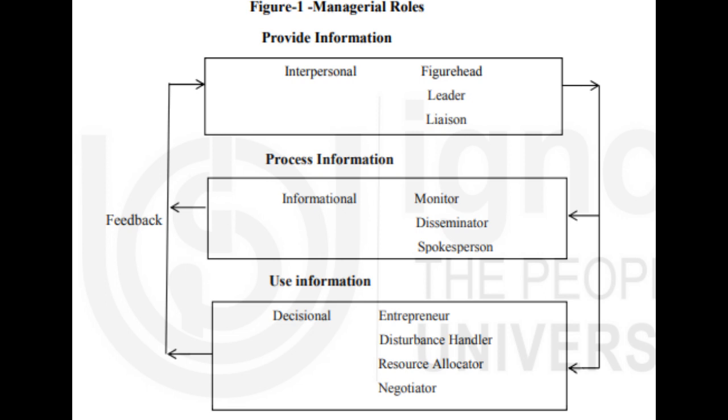Thus, it is a process which is continuous, ongoing and a systematic way of doing things. However, the managerial role is evidenced in an organization through the strategic, tactical and operational responsibilities that the managers discharge in an organization.